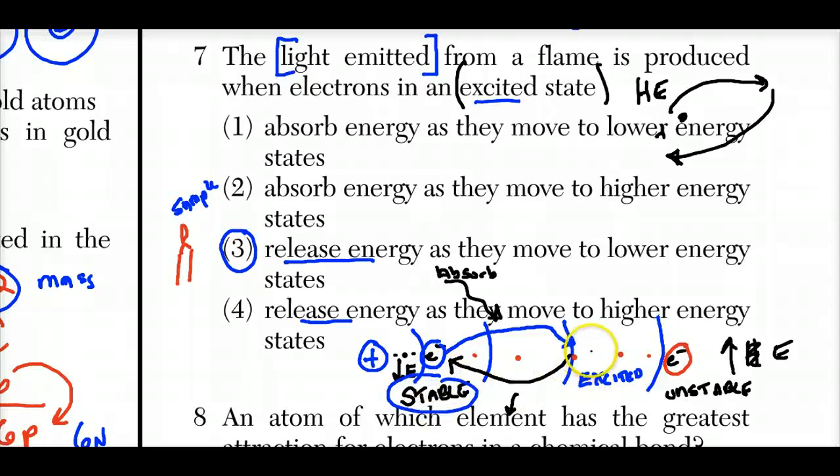How do you go from high energy to low energy? You have to give it off. So electrons, when they jump backwards toward the nucleus, getting closer to the nucleus, have to give up their extra energy that allowed them to be farther away from the nucleus. So energy is emitted, you move to lower energy states, which is closer to the nucleus. When energy is absorbed, you move farther away. You gained enough energy to move away.